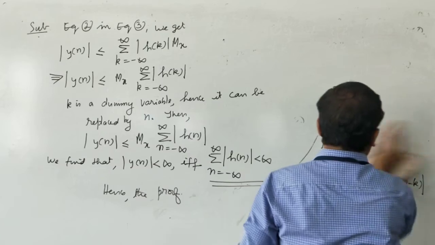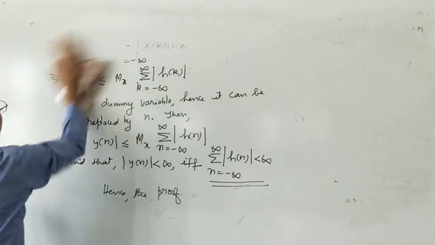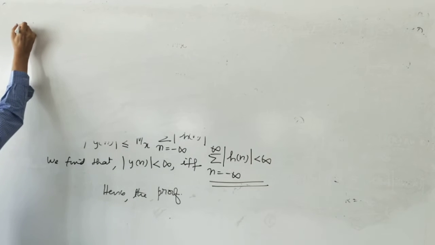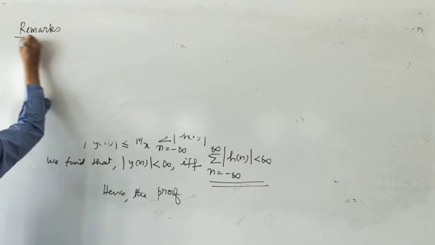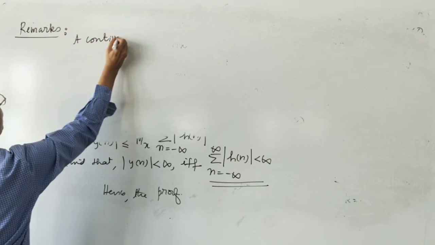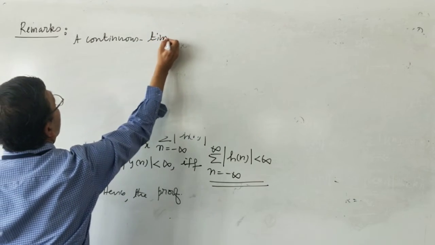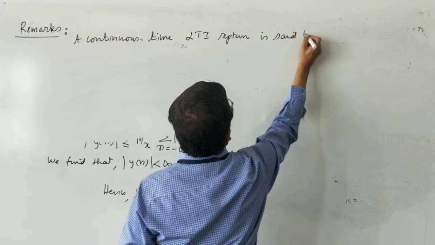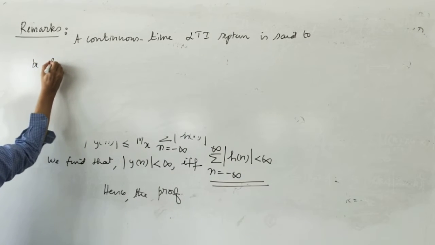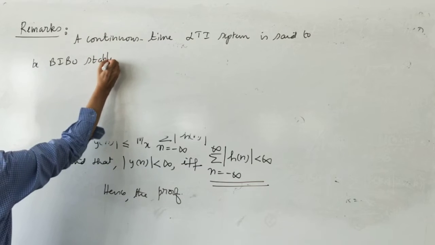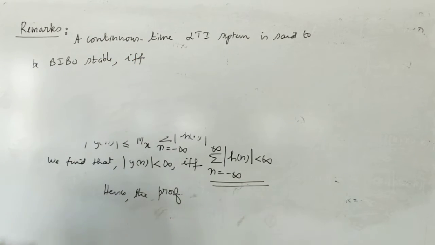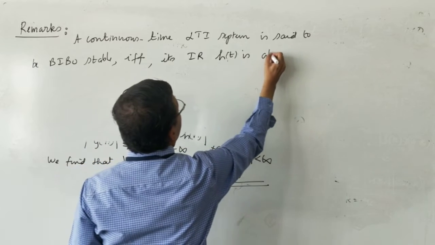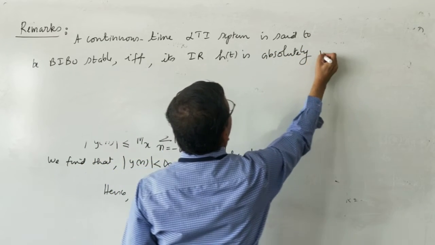I am going to write a remark. The remarks: a continuous time LTI system is said to be BIBO stable if and only if, IFF means if and only if, its impulse response h of t is absolutely integrable.